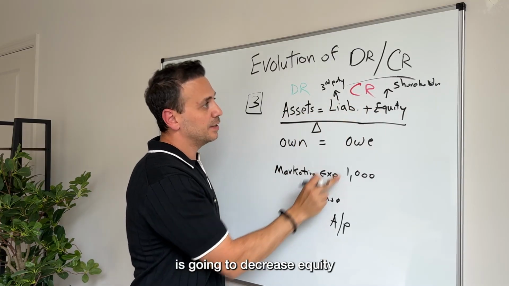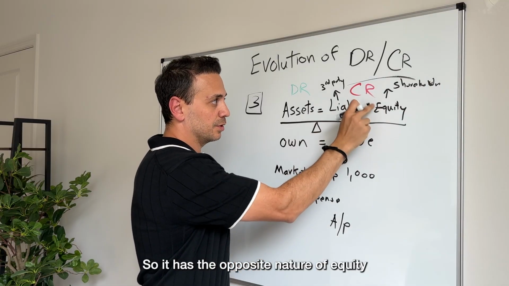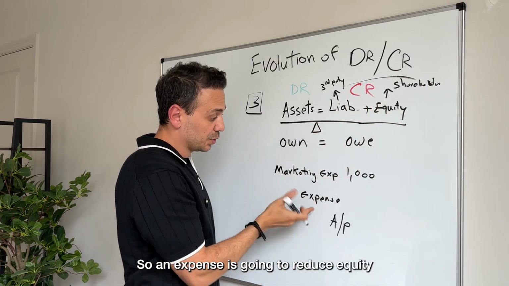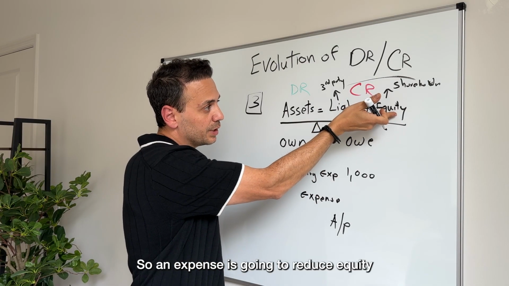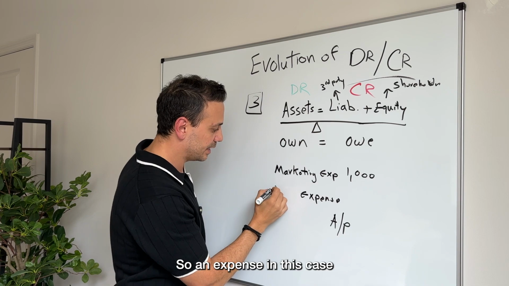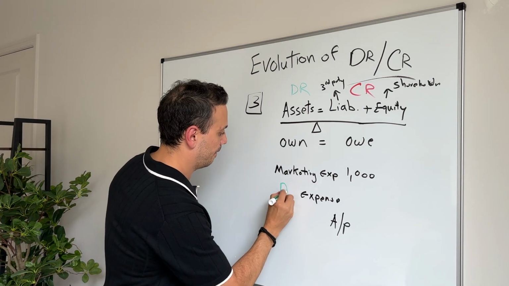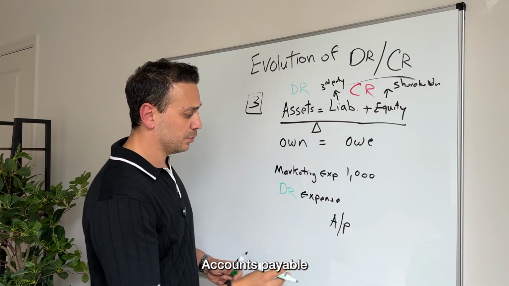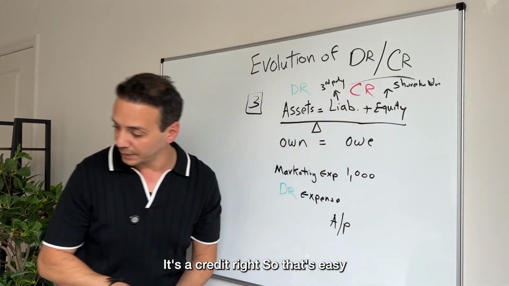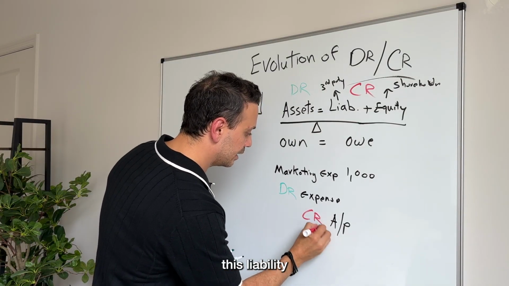But an expense is going to decrease equity, right? So it has the opposite nature of equity, right? So you can measure everything on equity when it's not listed here. So an expense is going to reduce equity, therefore it goes against the nature of equity. So an expense in this case is going to be a debit. Accounts payable, you want to increase a liability, where the liability is right here. It's a credit, right? So that's easy. You're going to go ahead and credit this liability.